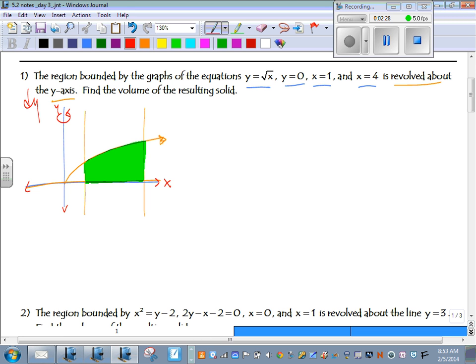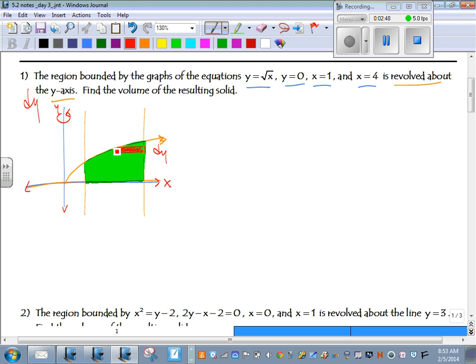And to do that, we're going to have to break this up into a couple parts, kind of like we did it with one of the areas on our starter yesterday. Because if we're looking at a dy cut up here, towards the top, we can look at a rectangle with a dy cut. On the right side, it touches this line, x equals 4.